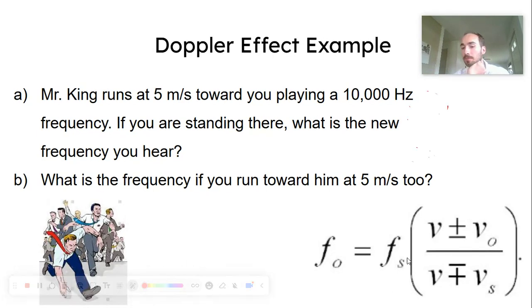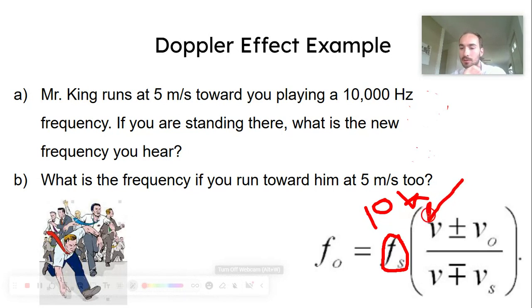We know that the frequency of the source, I told you, it's 10,000. So you put 10,000 here. 10K. Okay. And we know that the velocity is 343.